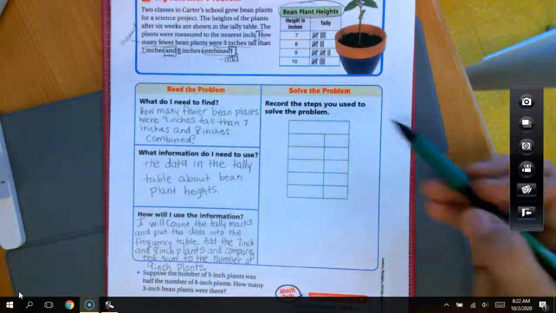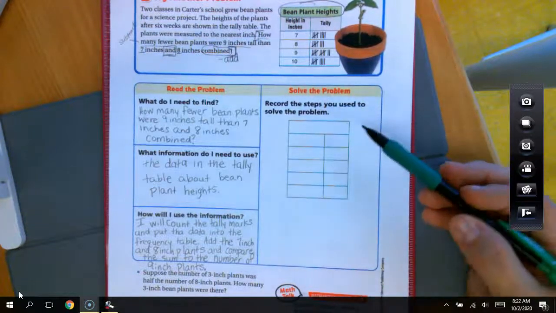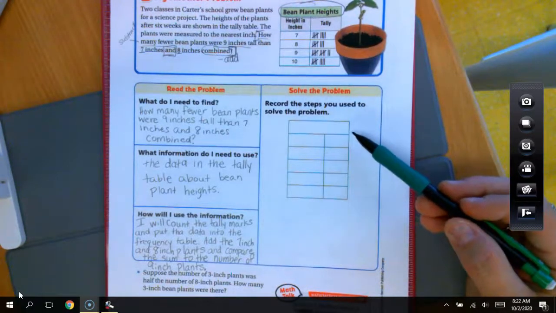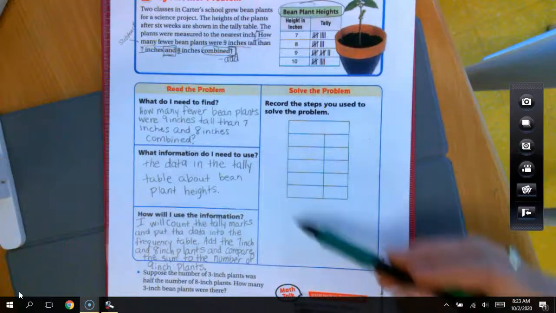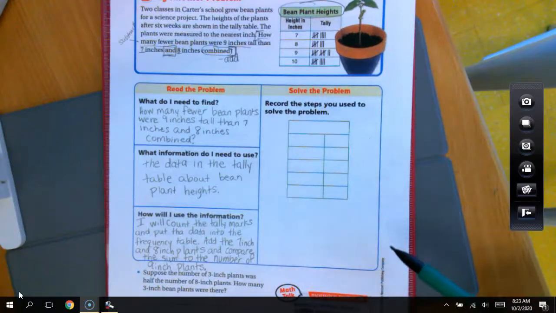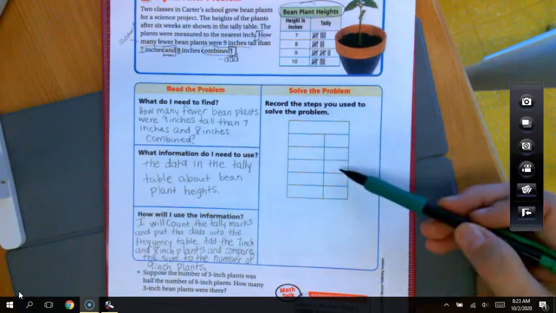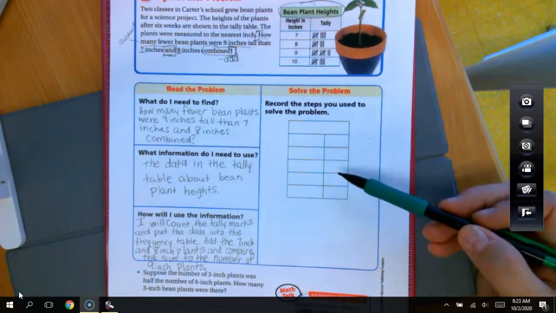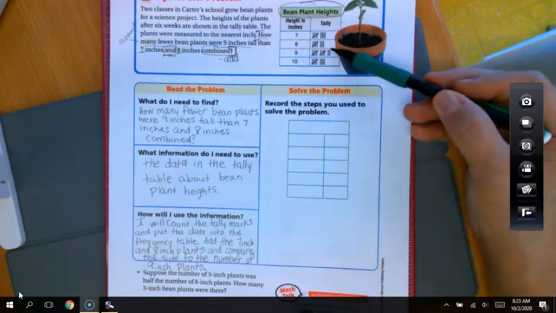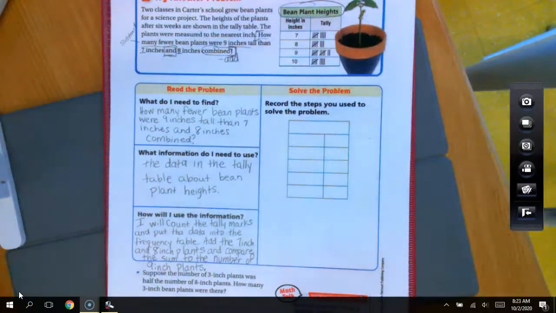Okay, now let's go over here to solve the problem. You see that this is a blank table. Well, we know this lesson is about changing a tally table into a frequency table. But I need to make sure I have all of my information from my tally table. At the beginning of the lesson, I showed you the two vocabulary words.